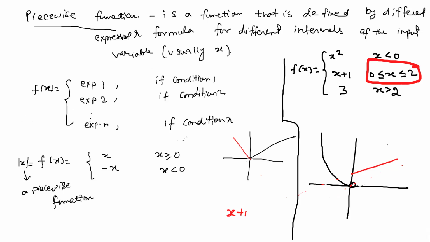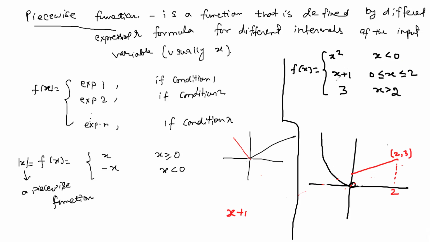For 0 to 2, this is x equal to 0, so I start the line from here, up to 2. So 2 is the upper bound and I stop here. Let's suppose this is 2. On putting 2, we get 3.